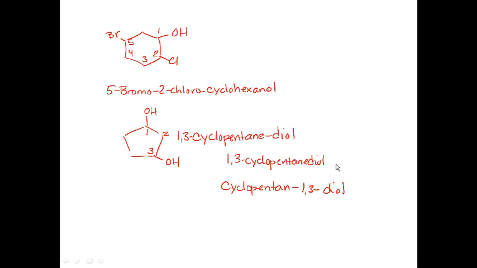Okay, so that's naming. I guess I should probably add one other thing because it's in your book about the naming, and that is that they did something like this where they had an OH group attached as part of a substituent.